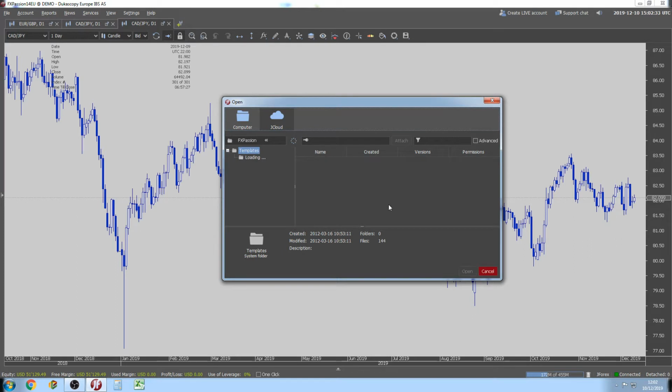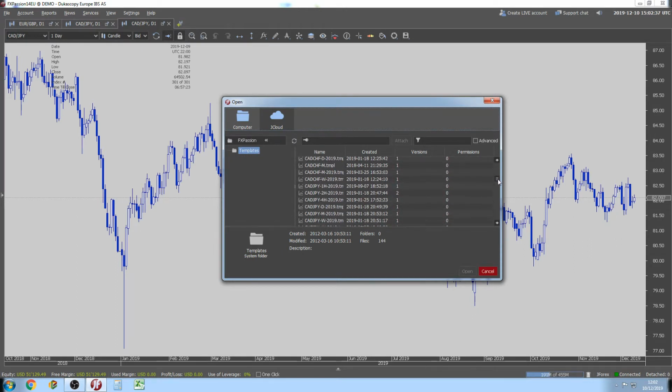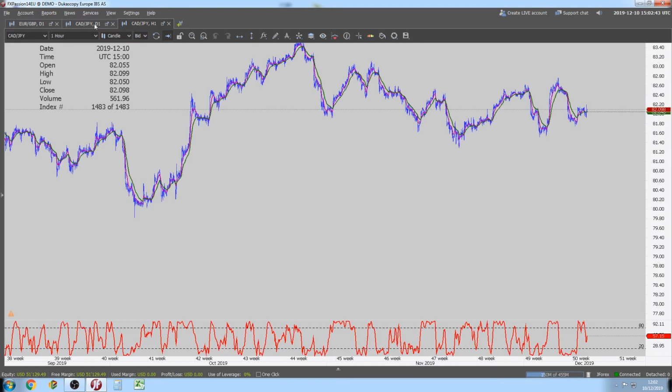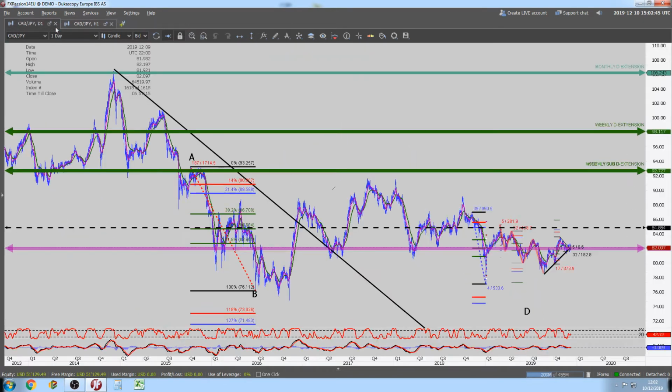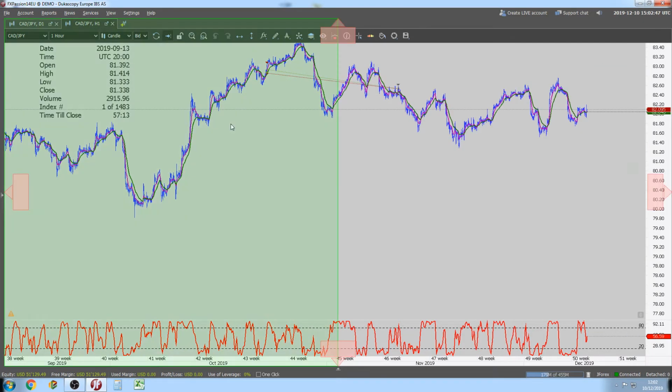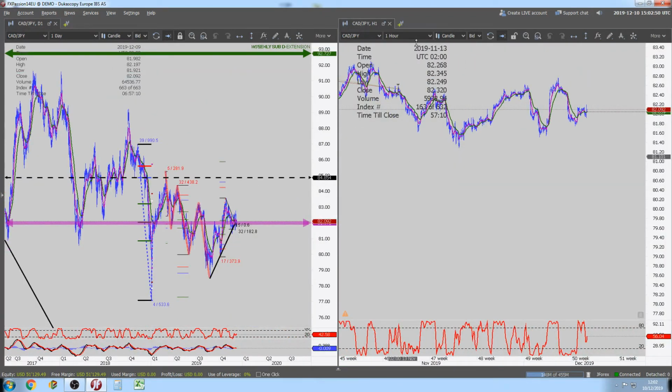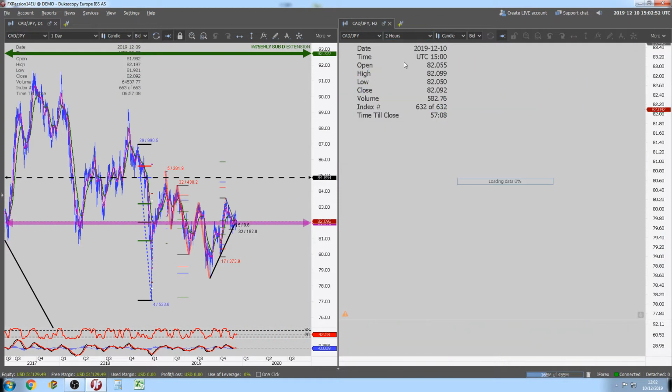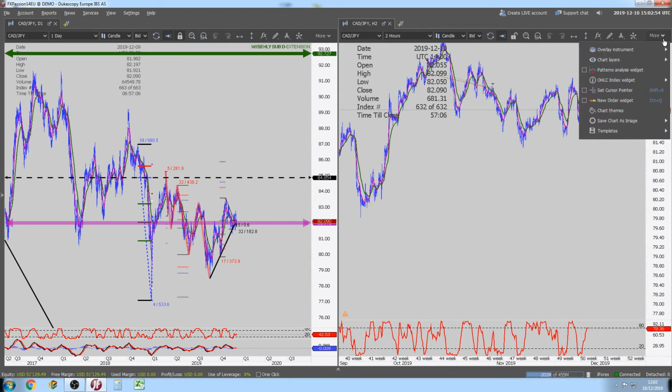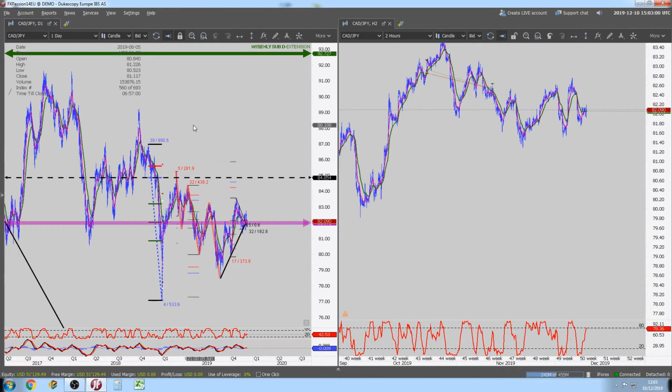If you want to implement the indicators, let me check the chart, maybe the 2-hour chart. Let's close EUR/GBP and put up this 2-hour chart, and let's close the widget.